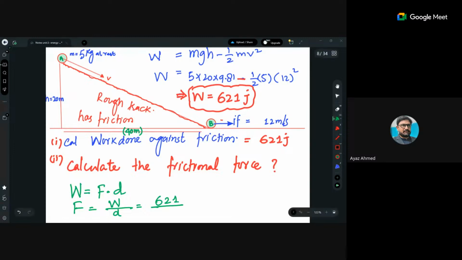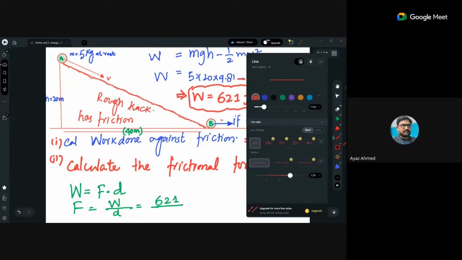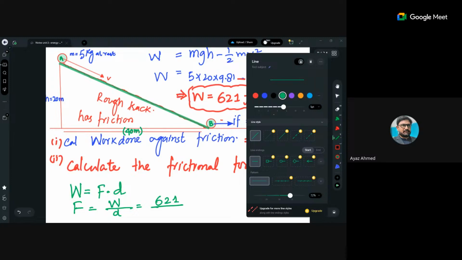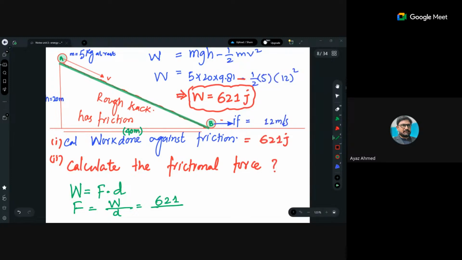The distance used will be the slant distance, that one. Sir, height won't be used? No, height won't be used, because friction is applied along this track. So you will use that length as the distance. That is your D. So calculate D.